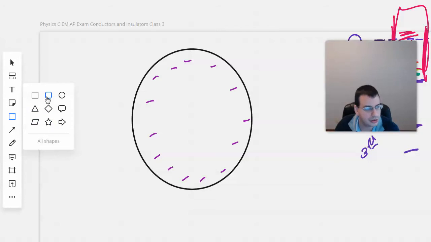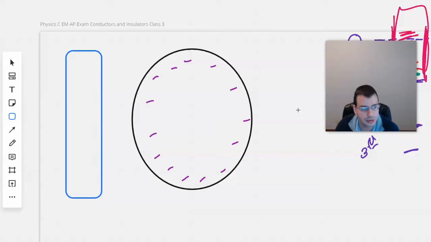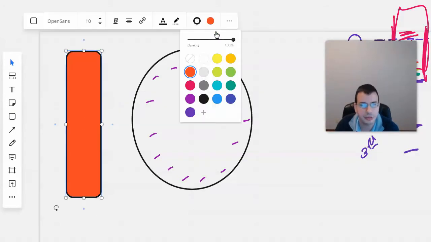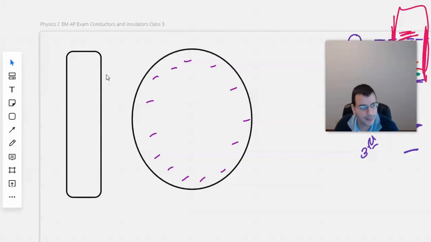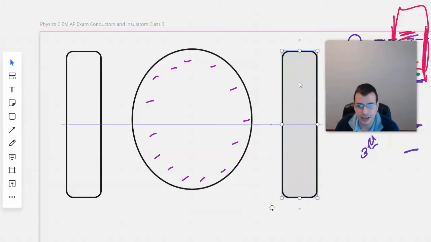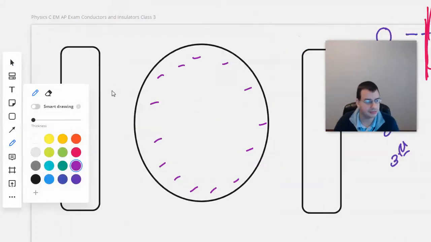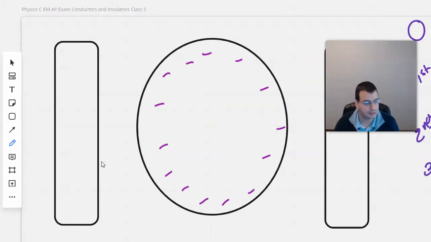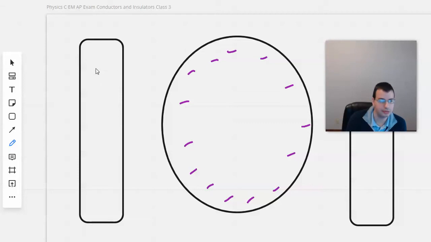Let's get rid of our lithium. These will be the plates for a capacitor. Make the charge purple. So this will be plus, plus, plus, plus, plus, and plus.